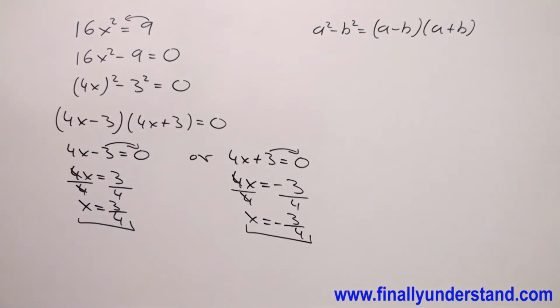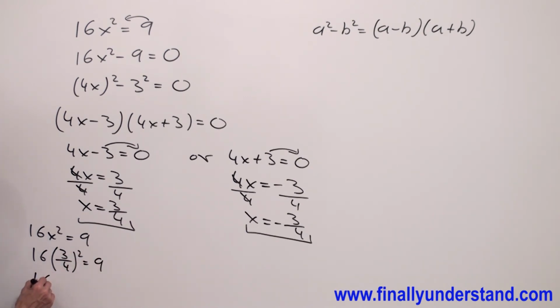Let's verify if our answers are correct. Copy down the original equation. We have 16x squared is equal to 9. We have 16 times 3 over 4 squared is equal to 9.